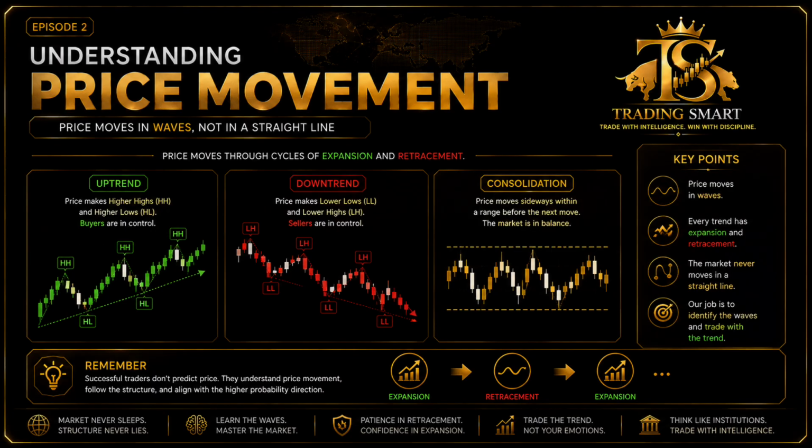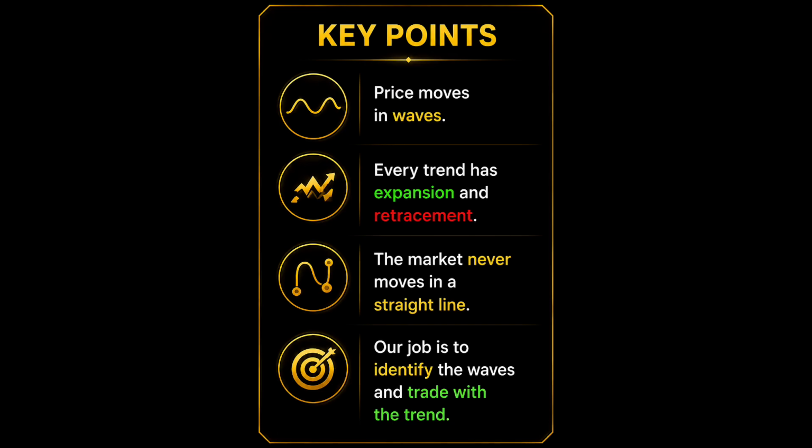As traders, our goal is not to predict every move. Our goal is to understand the current structure, identify who is in control, and position ourselves alongside the highest probability opportunities. In the next section, we'll break down the building blocks of market structure and learn how to identify higher highs, higher lows, lower highs, and lower lows.